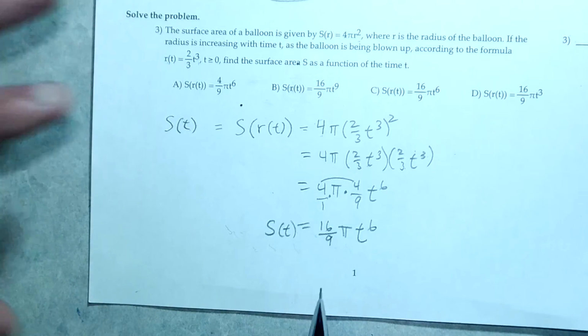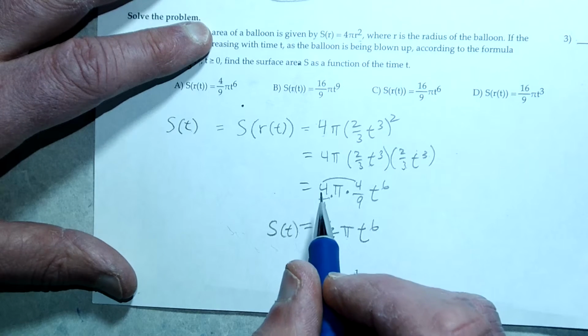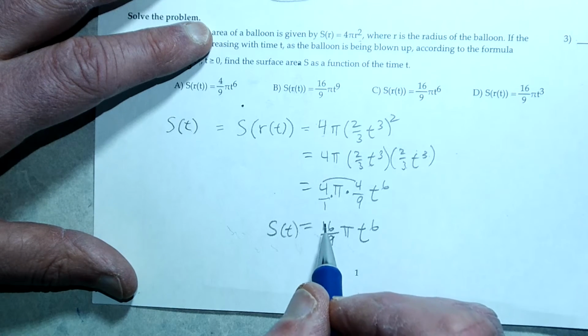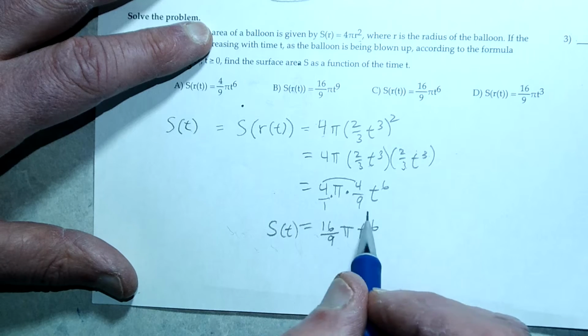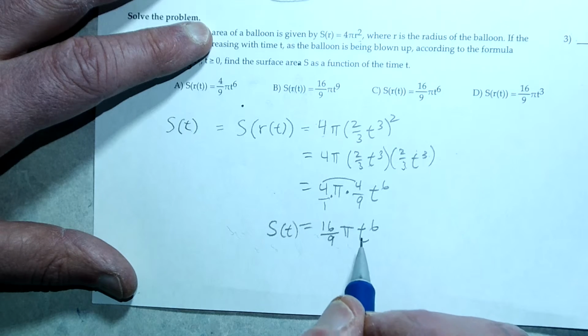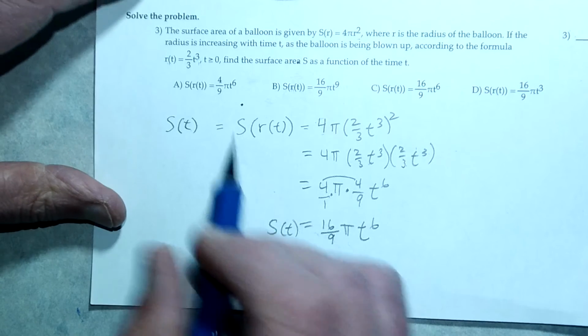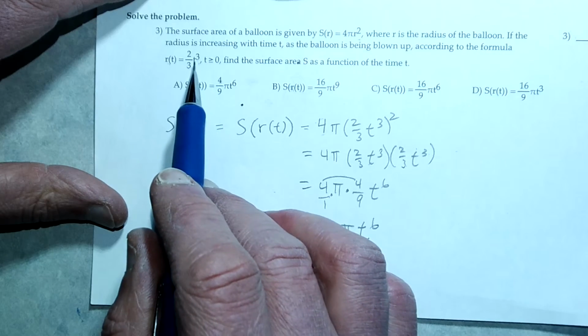Right? And I'm not sure if that was on the screen, so let me go over that again. I can multiply here by 4 times 4, and I get 16, 9 on the bottom, pi t to the 6th. Now, by the way, let's say that somebody asked me to directly find the surface area of a balloon after 2 minutes, assuming that this is growing at this rate and time is in minutes.